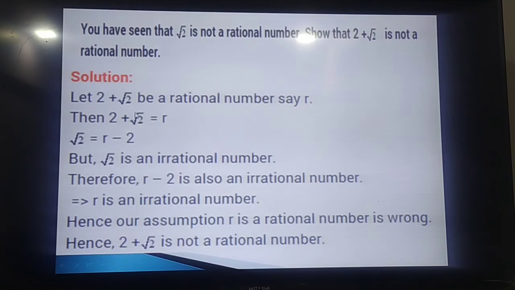It means that whatever we have said, that 2 plus root 2 is equal to a rational number, is wrong. Our assumption that r is rational is wrong, and it means that 2 plus root 2 is not rational but irrational.